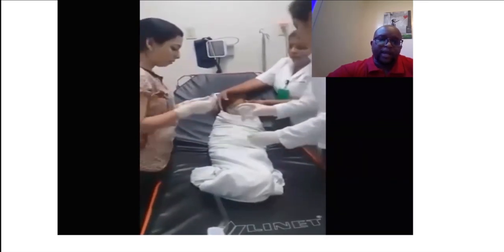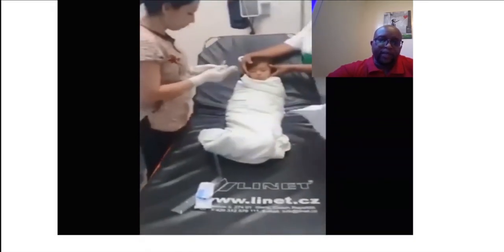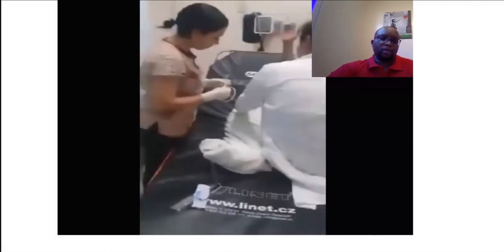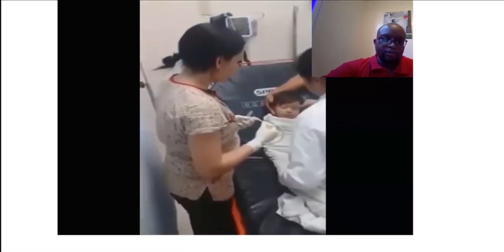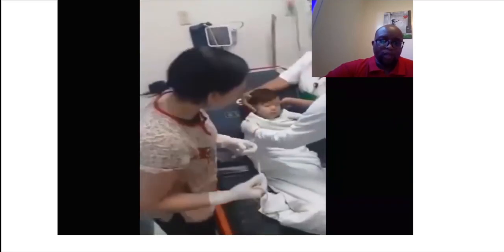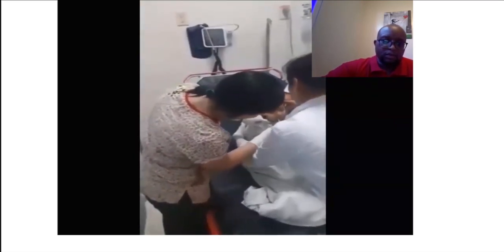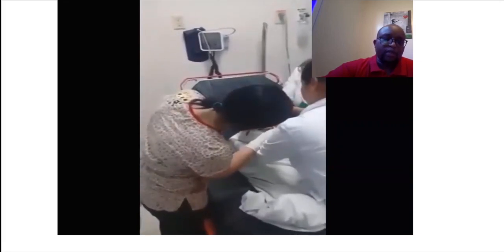So that's just a Foley's catheter being put in down as an NG tube. In this case, actually, it's an oral tube.